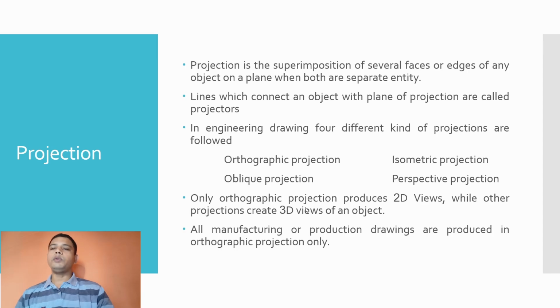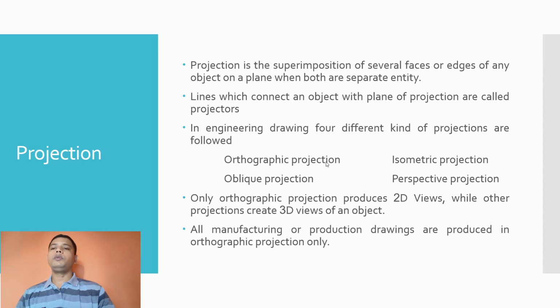Only orthographic projection produces 2D views, while other projections create 3D views of an object. This is a very vital part. Only by orthographic projection can you show each and every side of an object at a single time, while with isometric, oblique or perspective projection, in the case of 3D views, you cannot show each and every portion and edge of the object at the same time.